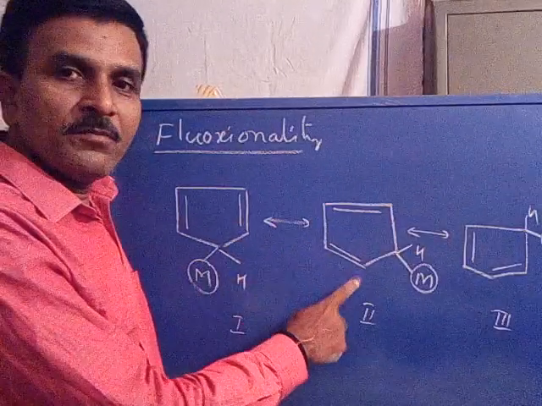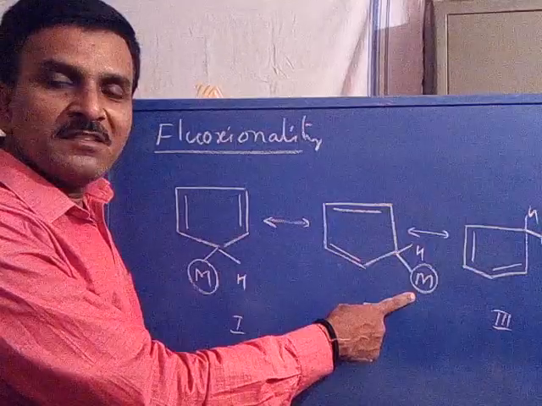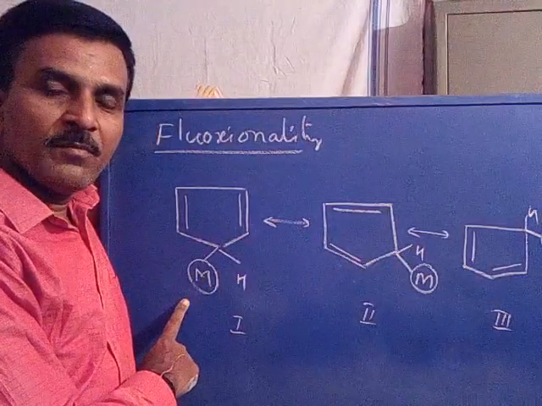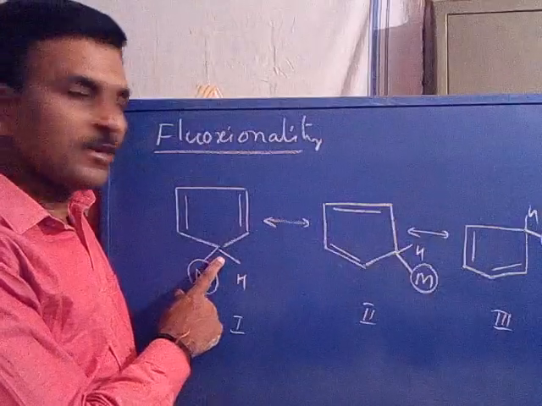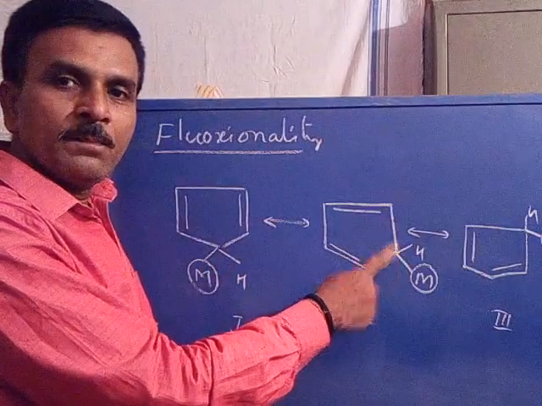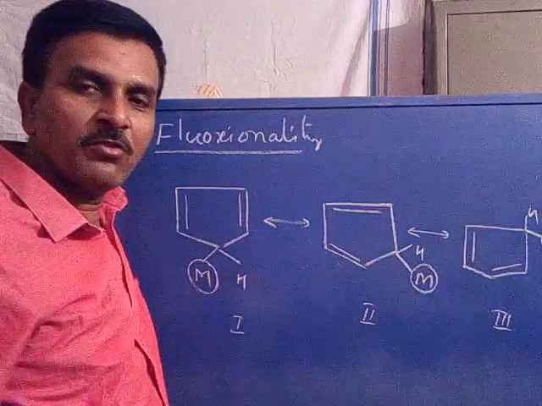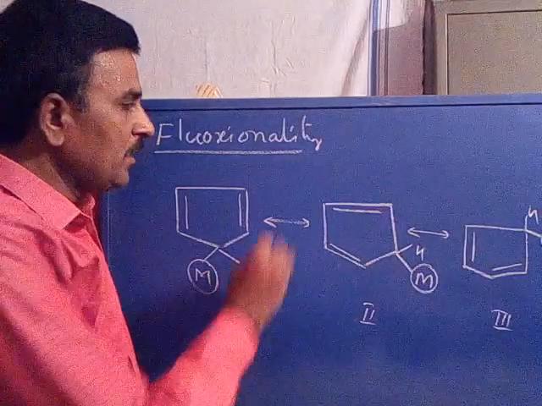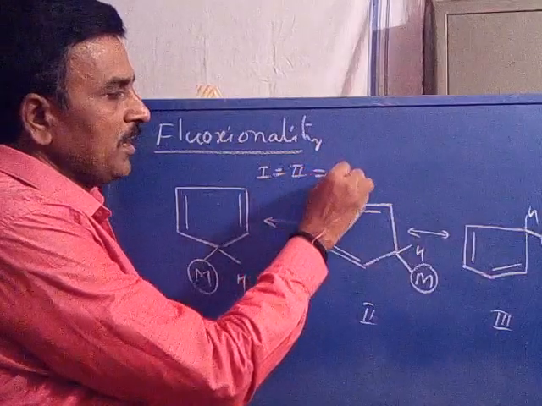Now from the second we have a third isomer where the metal gets exchanged here. The metal in the first isomer gets exchanged from the first carbon to the second carbon, followed by the third carbon, leading to different isomers where 1 and 2 are identical. 1 is equal to 2 is equal to 3.